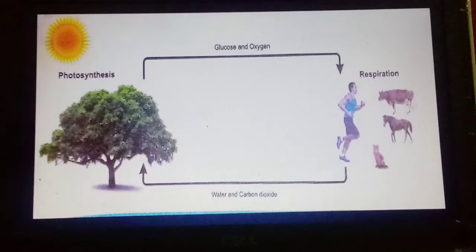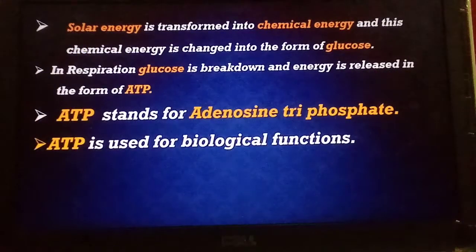So how is energy transformed from one form to another? Solar energy is transformed during photosynthesis by plants into chemical energy, meaning glucose.